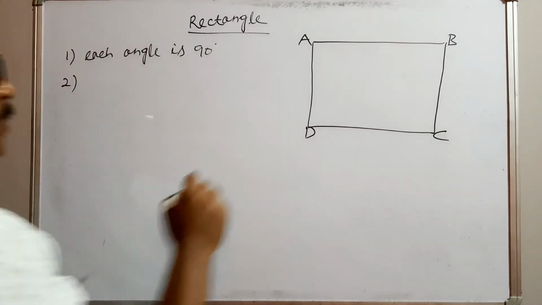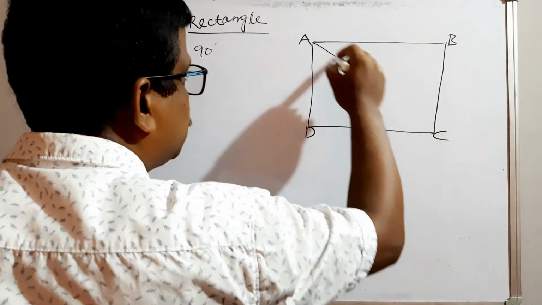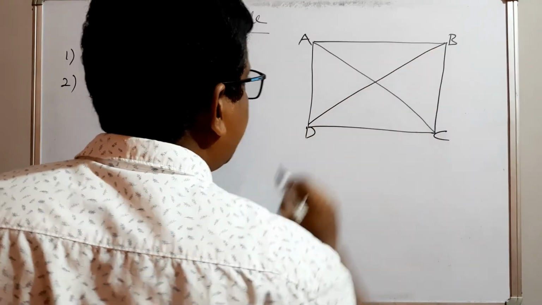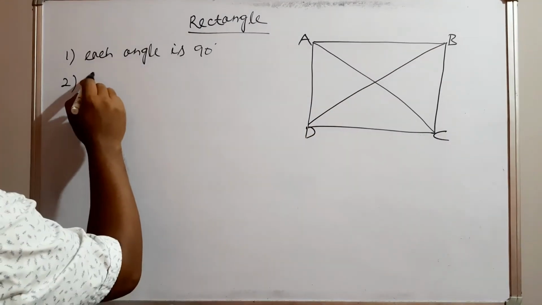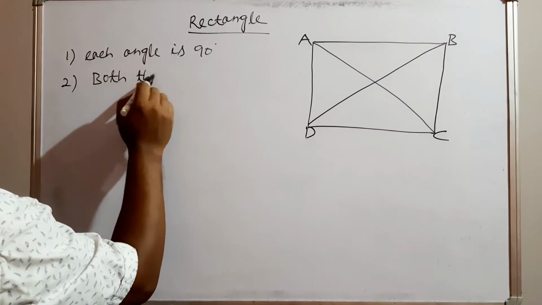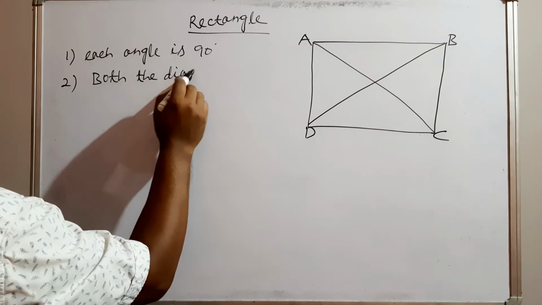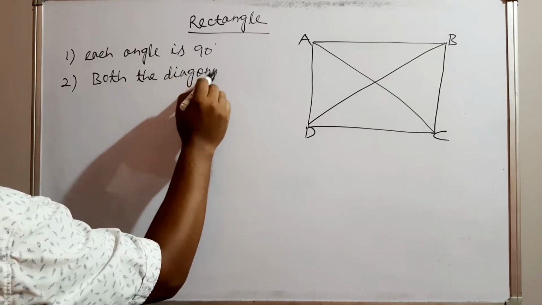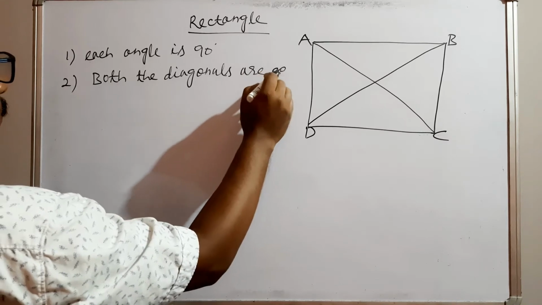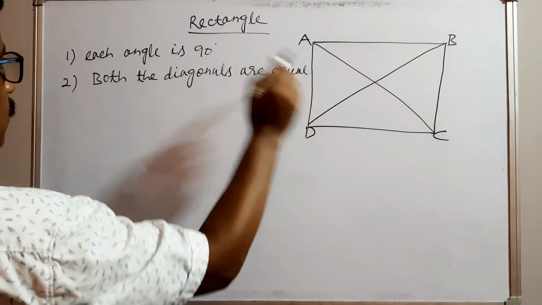Second property, both the diagonals AC and BD are equal.